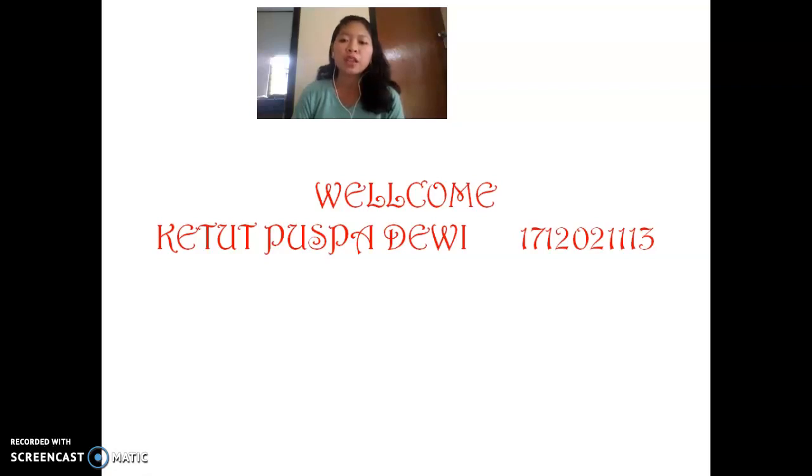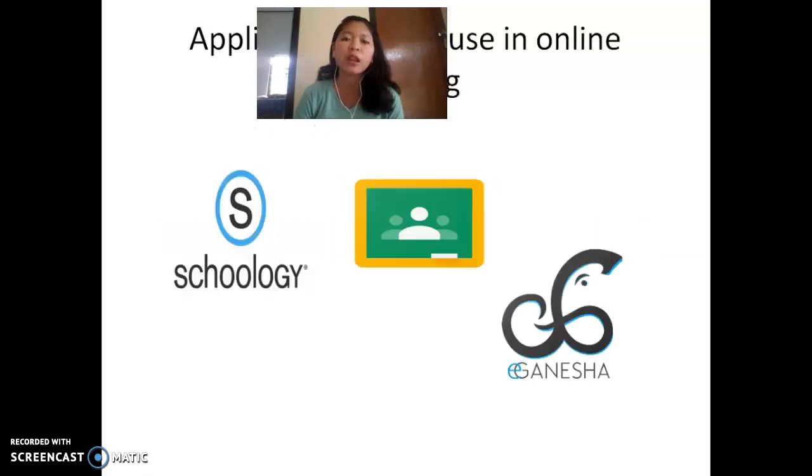The technology or applications that can be used in online learning include Schoology, Google Classroom, and eGanesha. Synchronous is something that happens at the same time, or in real time, but asynchronous is something that happens at a different time. This is online learning because it happens at different times.